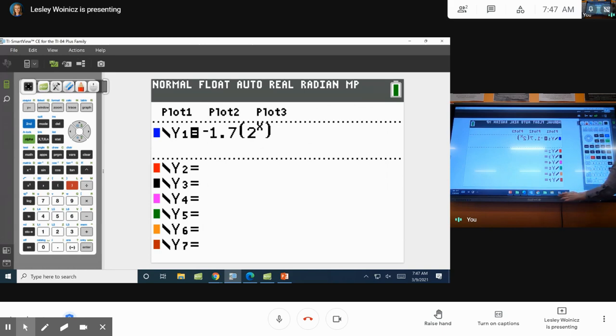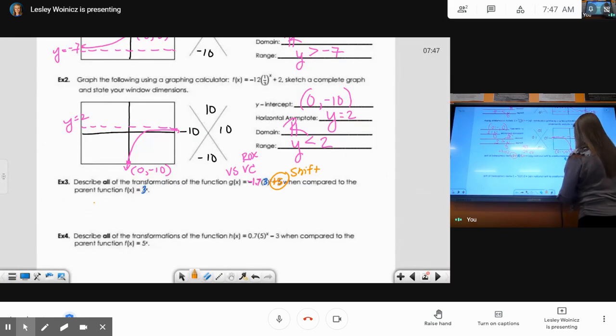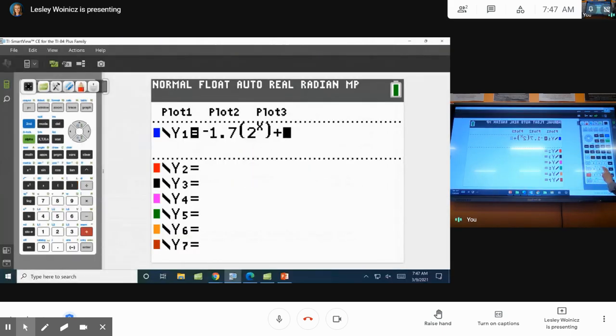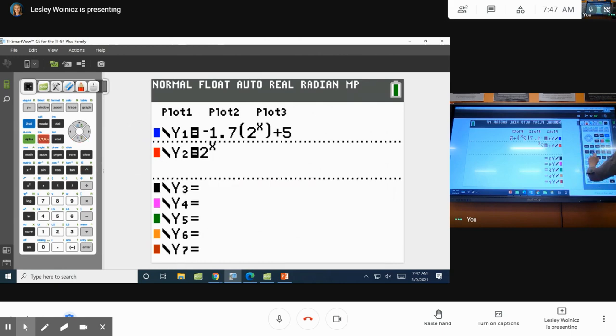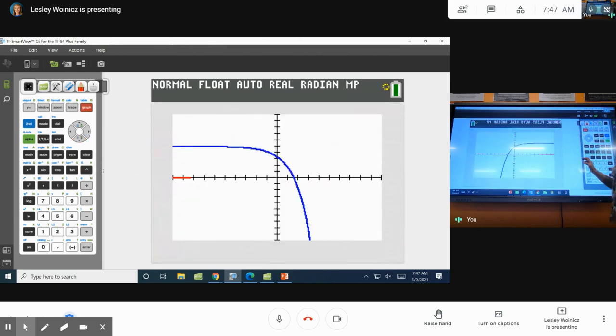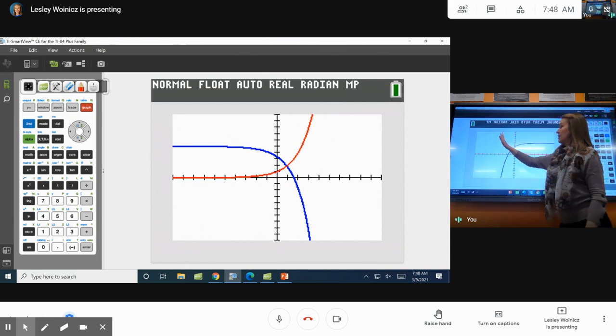Was it plus 5? Yeah, plus 5. Okay, so now I can see that. That's my transformation, and then I also want to see my parent. My parent was just 2 power caret x. So that's my transformation, and the red is my parent.